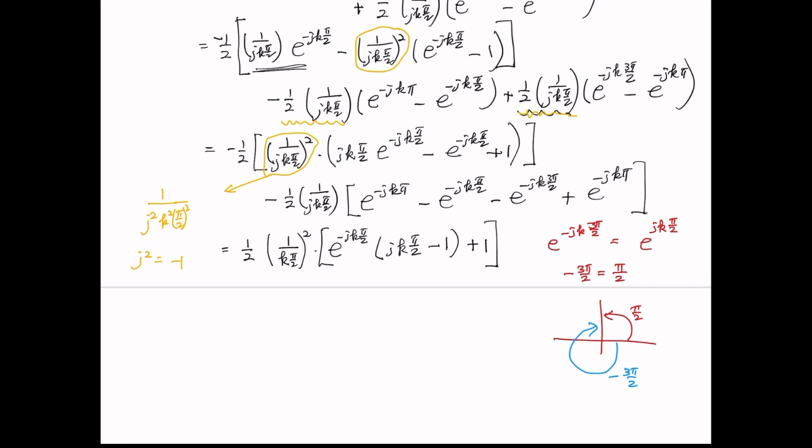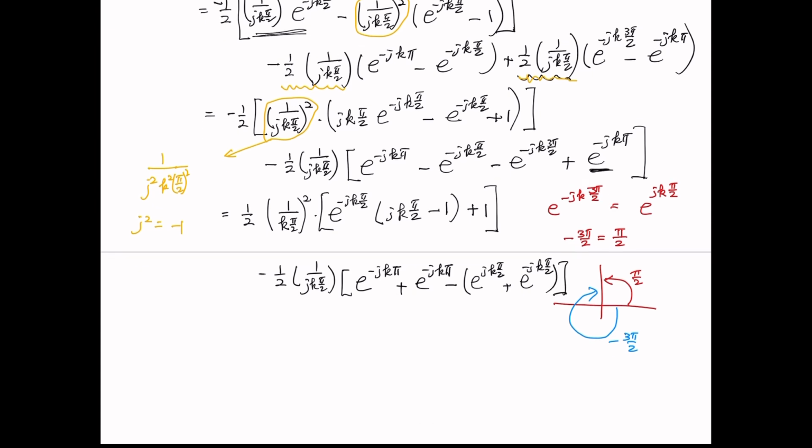Therefore, we can rewrite those terms as 1 over jkπ/2, e to the negative jkπ, and then I'm going to have the same term plus e to the negative jkπ. Then we have minus, if we factor out, e to the positive jkπ/2 plus e to the negative jkπ/2. And in a similar way, π equals negative π.